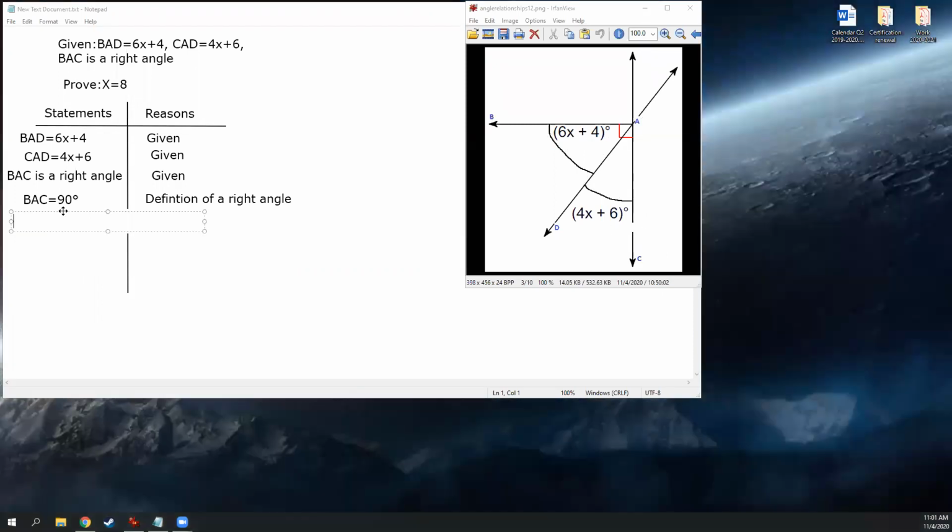Now, I can't jump straight to the math, but I can say, based on the picture, that angle BAD plus angle DAC will equal the whole thing BAC. I know that this plus this piece plus this piece will equal the whole thing. And that is angle addition postulate.